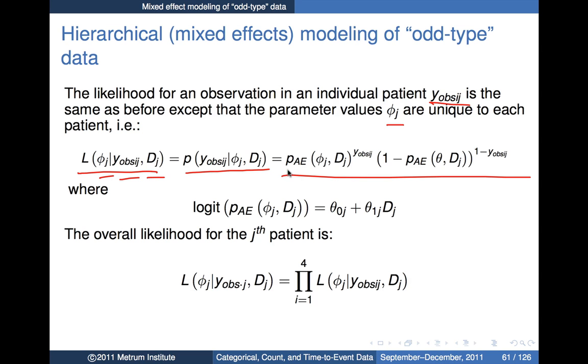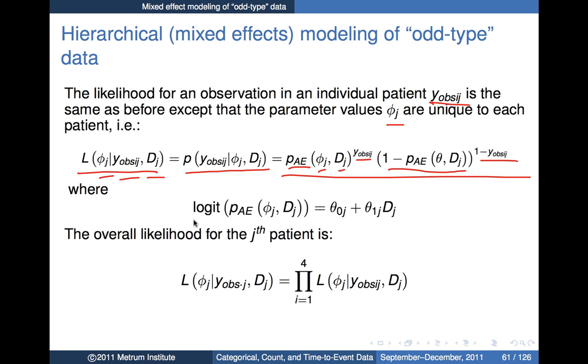So we've got our probability of an adverse event, which will be a function of our patient-specific parameters as well as covariates. And you can see that's raised to a 1 or a 0 depending upon whether or not the adverse event occurred. And same thing for the probability of an adverse event not occurring, raised to 1 minus that 0 or 1 value.